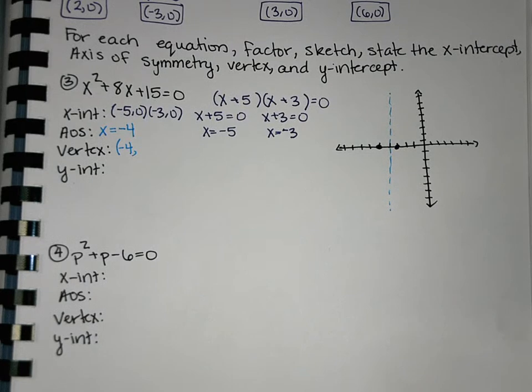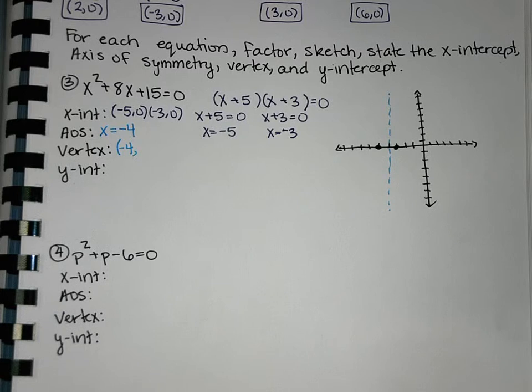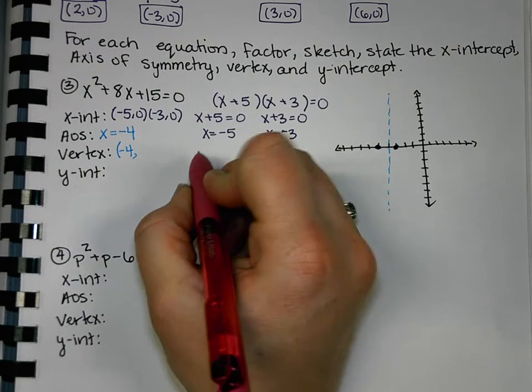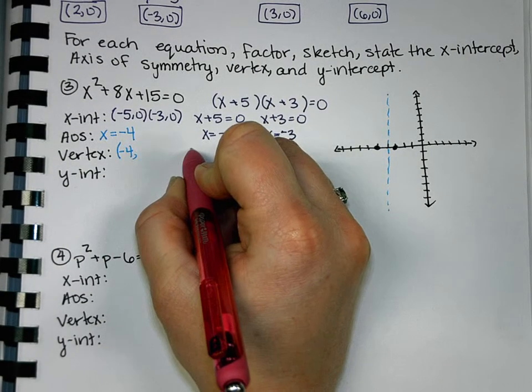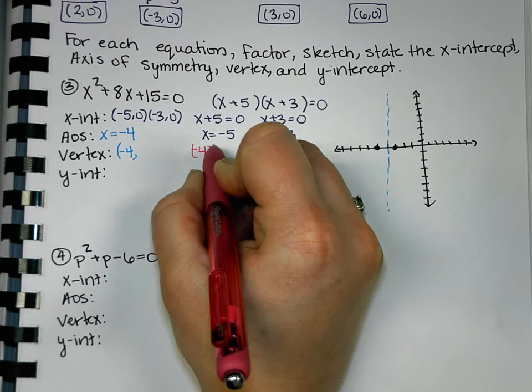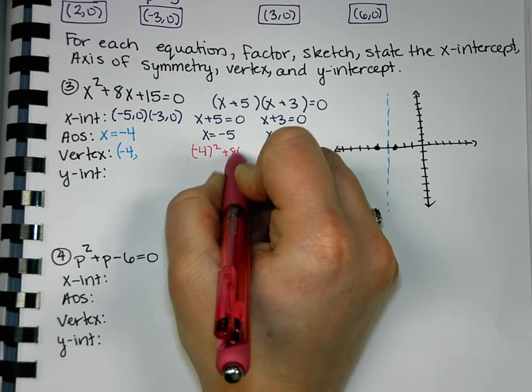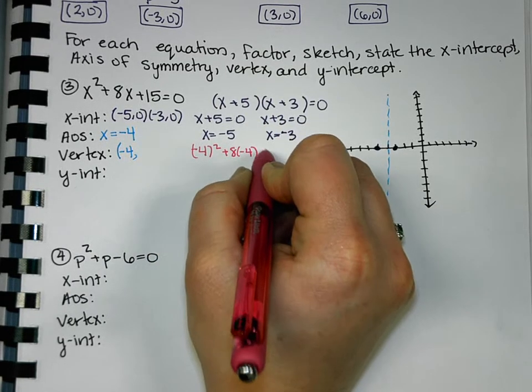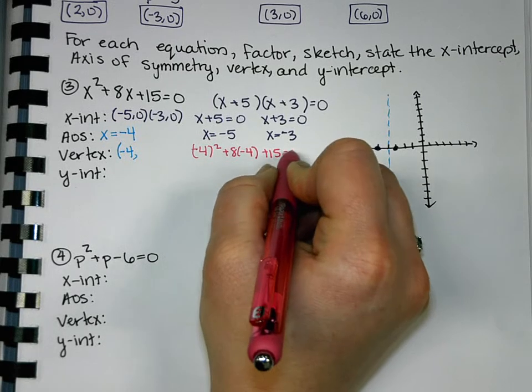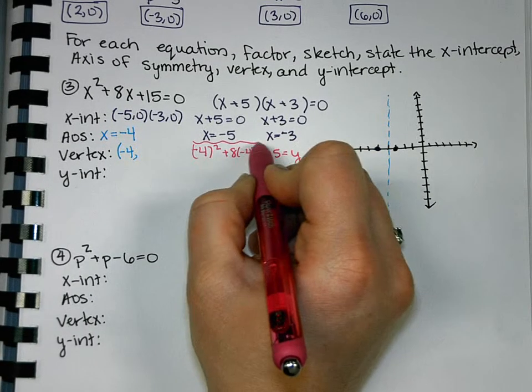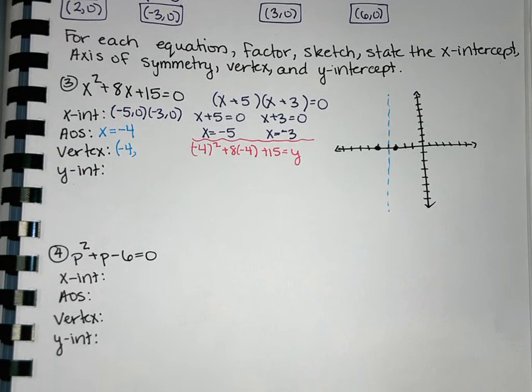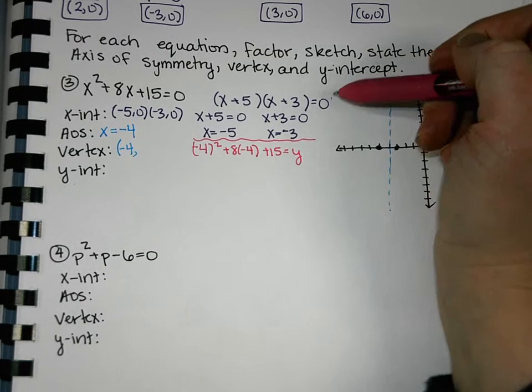So now we need to find the y value of the vertex. So how might we go about finding the y value? Perfect. We just plug in -4. So we're going to take -4 squared plus 8 times negative 4 plus 15. And instead of 0, I'm going to change it to a y, just so that way I get a y value. Because this was 0 because we're finding the x-intercepts.